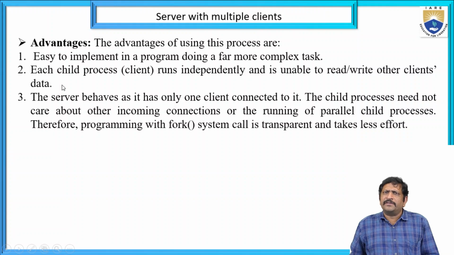The second advantage is that each child process, that is, each client process, runs independently and is unable to read or write other clients' data. The server behaves as if only one client is connected to it. The child processes need not care about other incoming connections or running parallel child processes. Individually, the clients are running and sending information to the server.